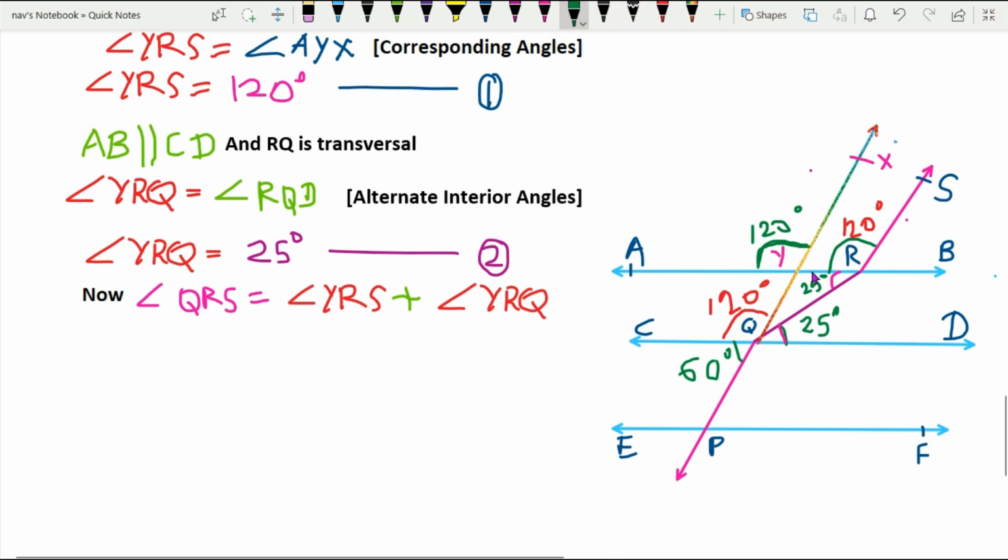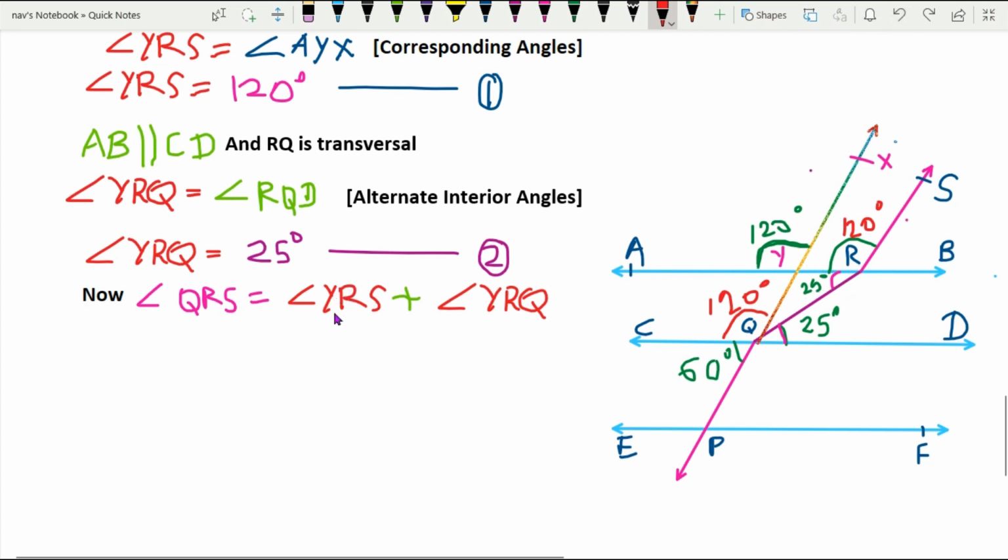It is a sum of these two angles, YRQ plus this angle YRS. So we just found these two individual angles using the parallel lines concepts.